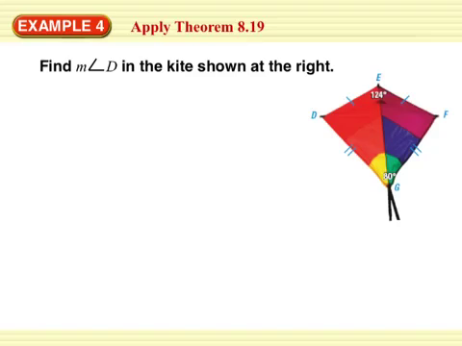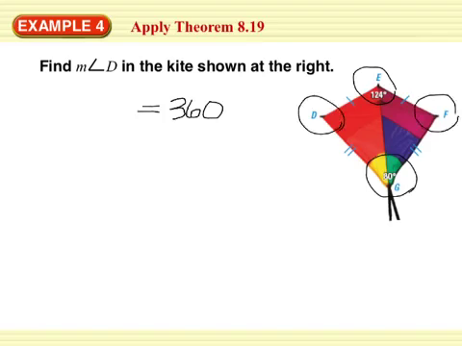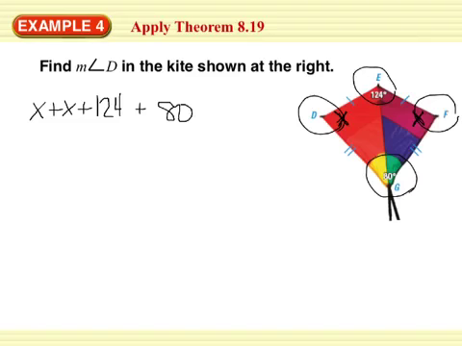Okay, this is still a quadrilateral, so the sum of the interior angles is 360. We know that if these 2 angles are not congruent, then these 2 angles are congruent. So I'm going to name that X and that X. So if we add them all together, I would have X plus 124 plus 80 equals 360. X plus X is 2X.